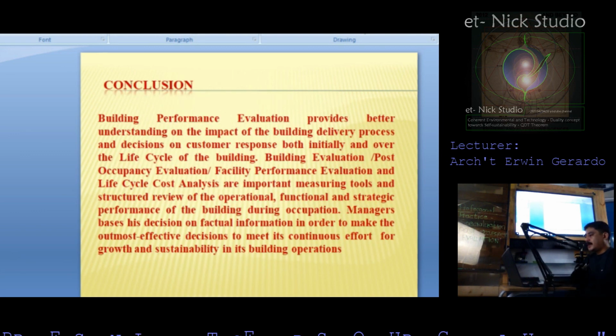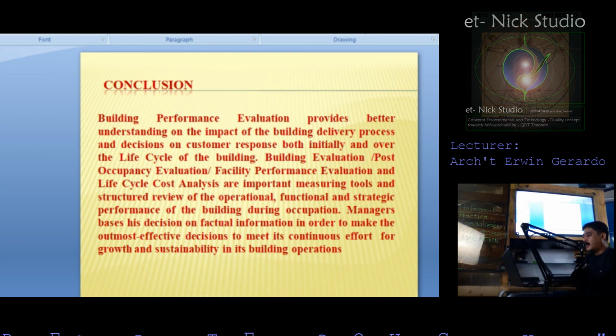Conclusion: building performance evaluation provides better understanding of the impact of the building delivery process and decisions on customer response, both initially and over the life cycle of the building.